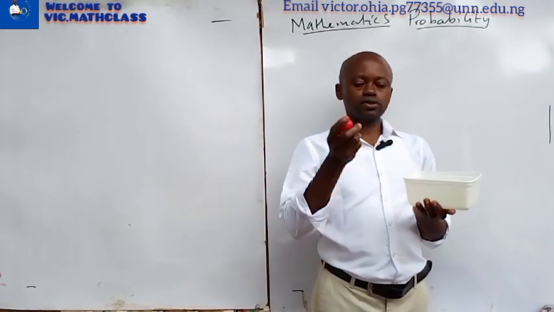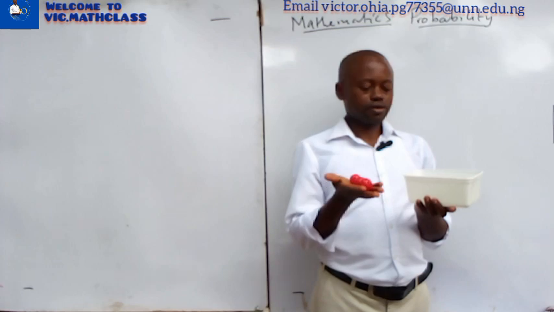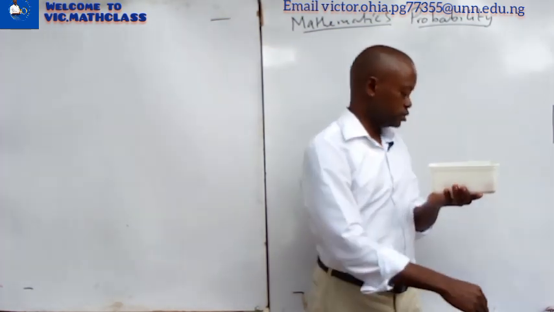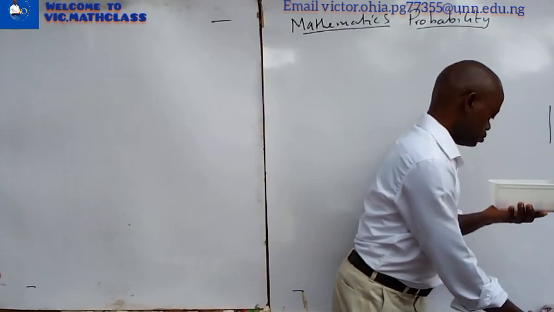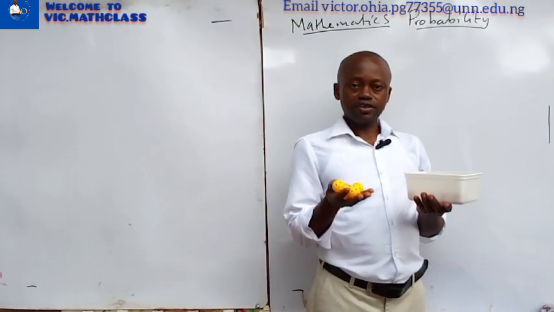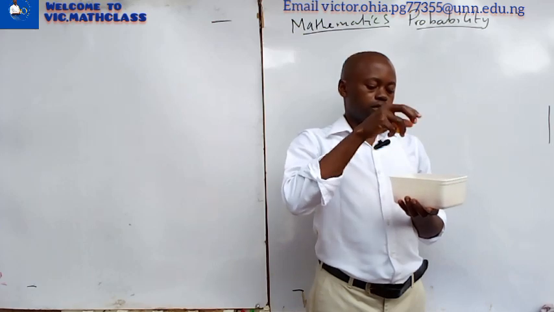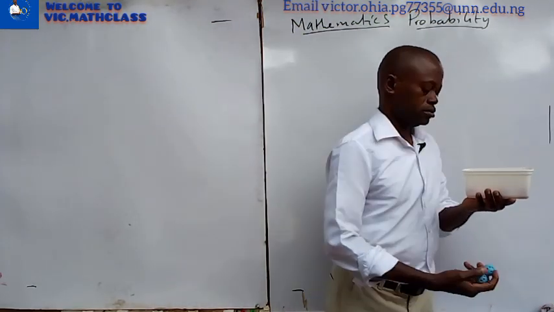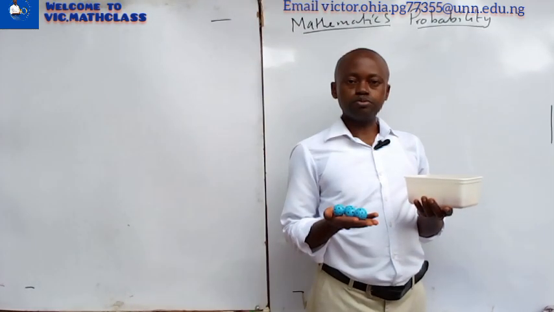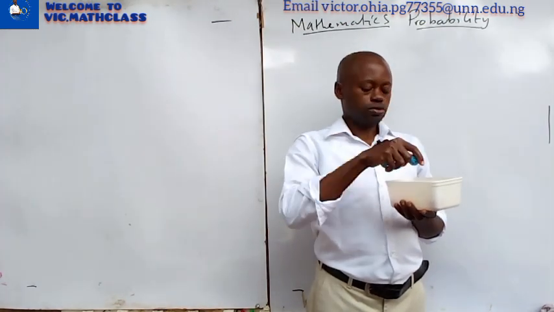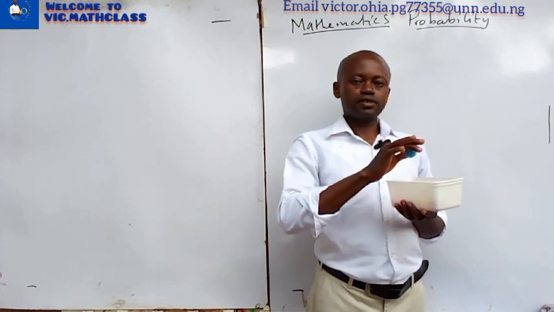I have inside this box three red balls. One, two, three. And five yellow balls. One, two, three, four, five. And we have also four blue balls. One, two, three, and four.